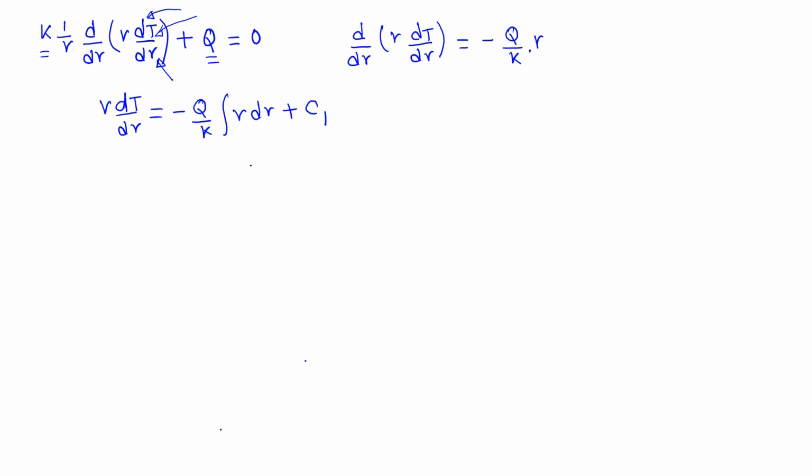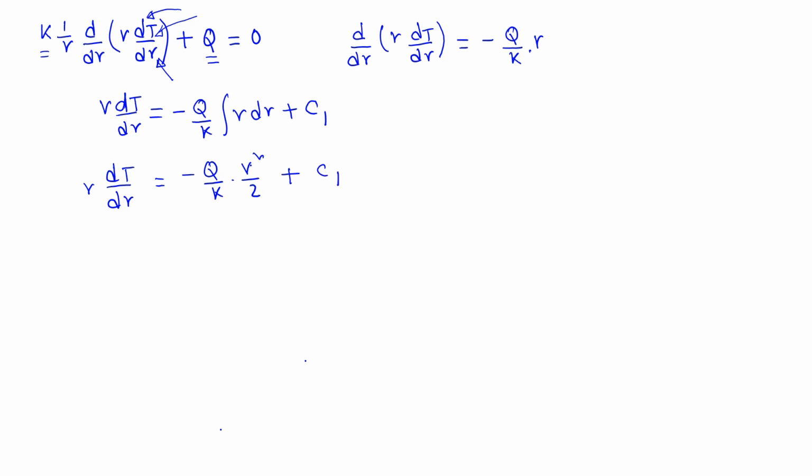So r dT dr equals minus q over k r square over 2 plus c1.